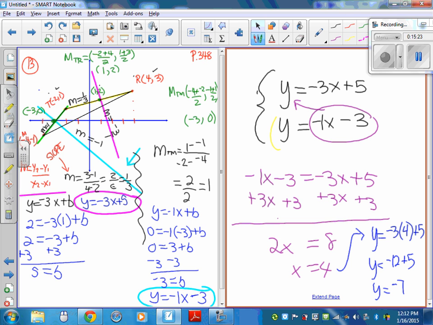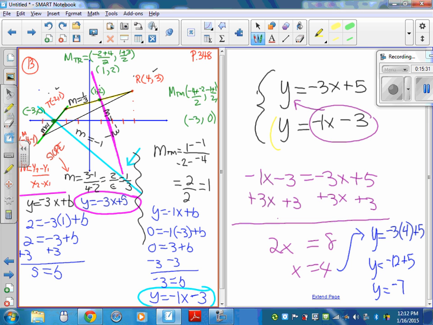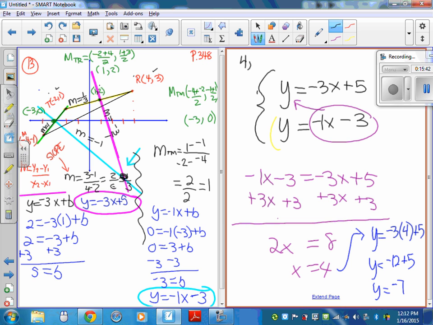Going back to my picture, let's see how reasonable it is. It's not bad. So it would be 4, negative 7. Yeah, (4, -7) is the circumcenter.